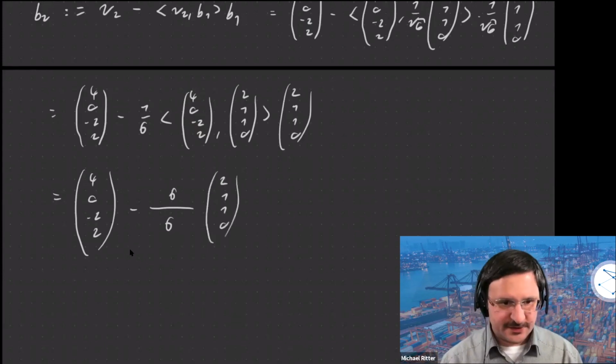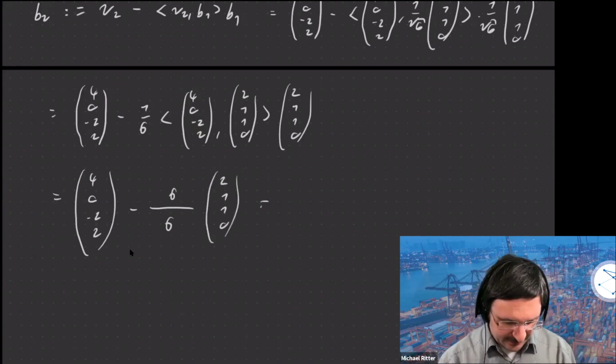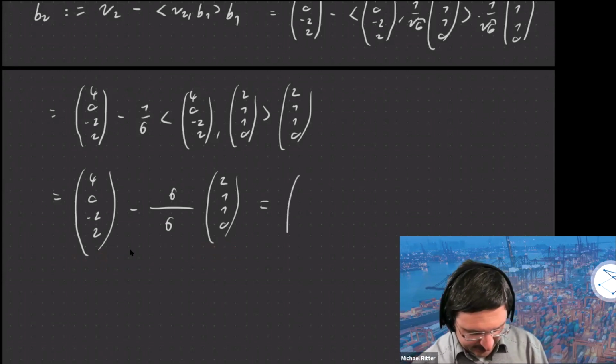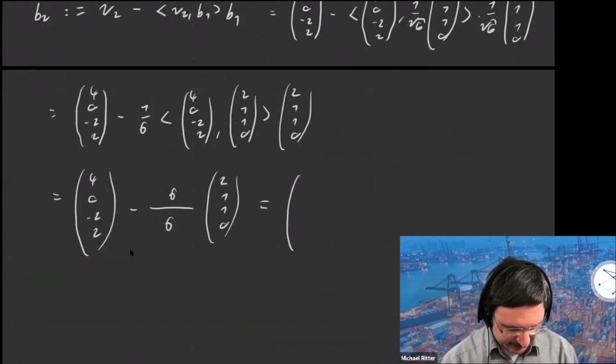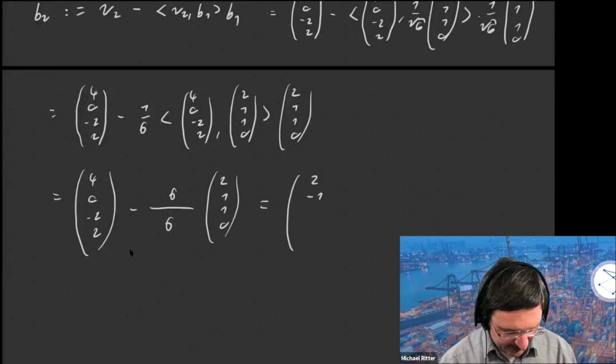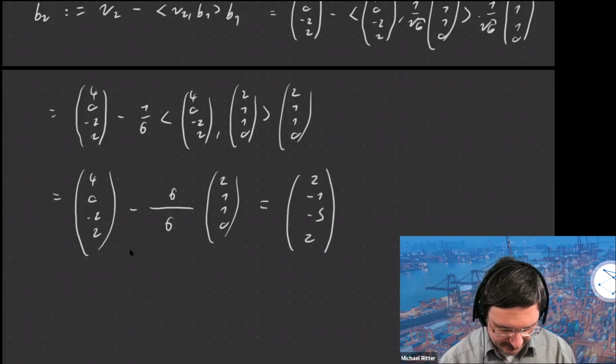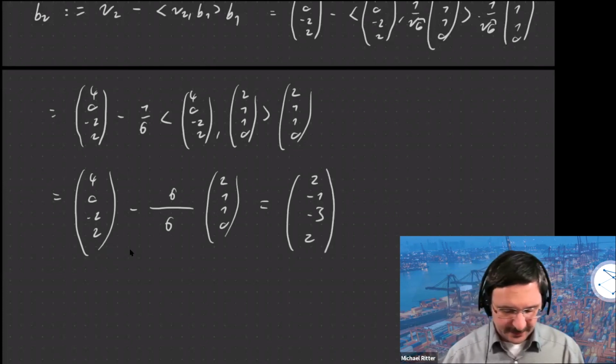So 6 over 6 is 1, and that means we just have this vector minus this vector. So what we get is 2, minus 1, minus 3 and 2. That's 3 here. So this is B2 prime.